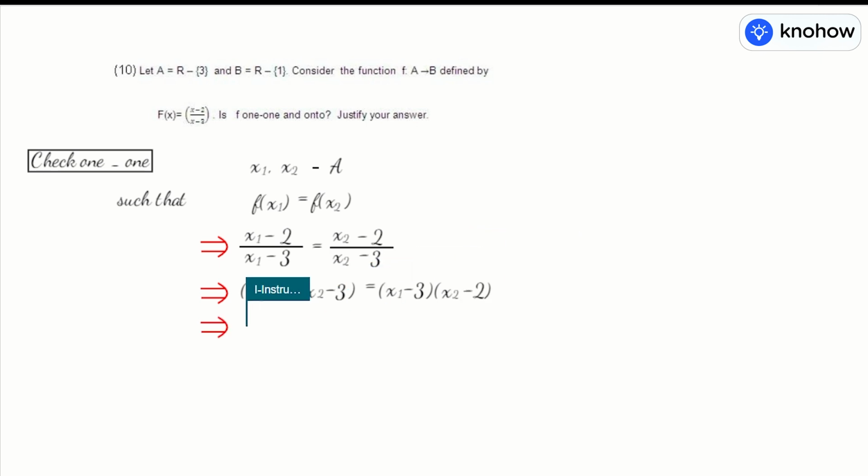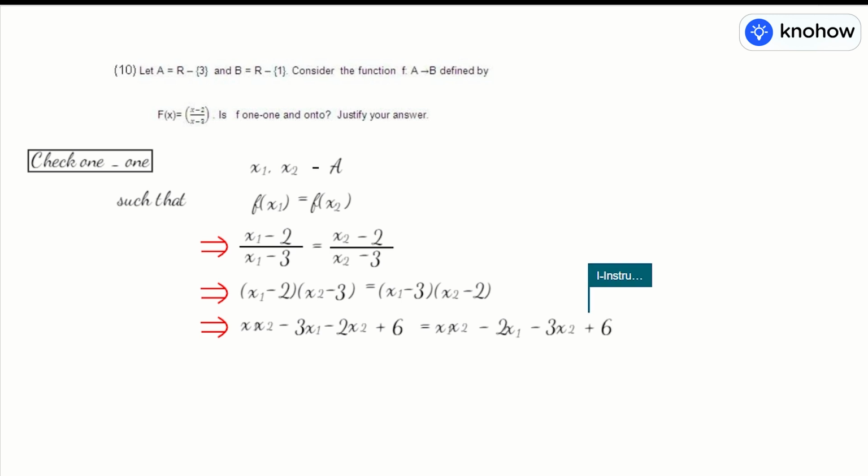It will be x1x2 minus 3x1 minus 2x2 plus 6 equal to x1x2 minus 2x1 minus 3x2 plus 6. x1x2 and 6 cancel, and you take the terms on one side, so take 3x2 on the left, 3x2 minus 2x2, take 3x1 on the right, 3x1 minus 2x1.